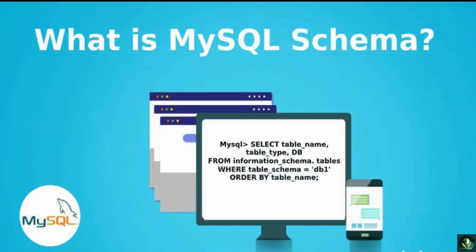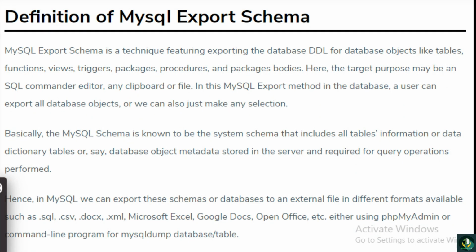So what is MySQL schema? So here is the definition of MySQL export schema. MySQL export schema is a technique featuring exporting the database DDL for database objects like tables, functions, views, triggers, packages, procedures, and package bodies.